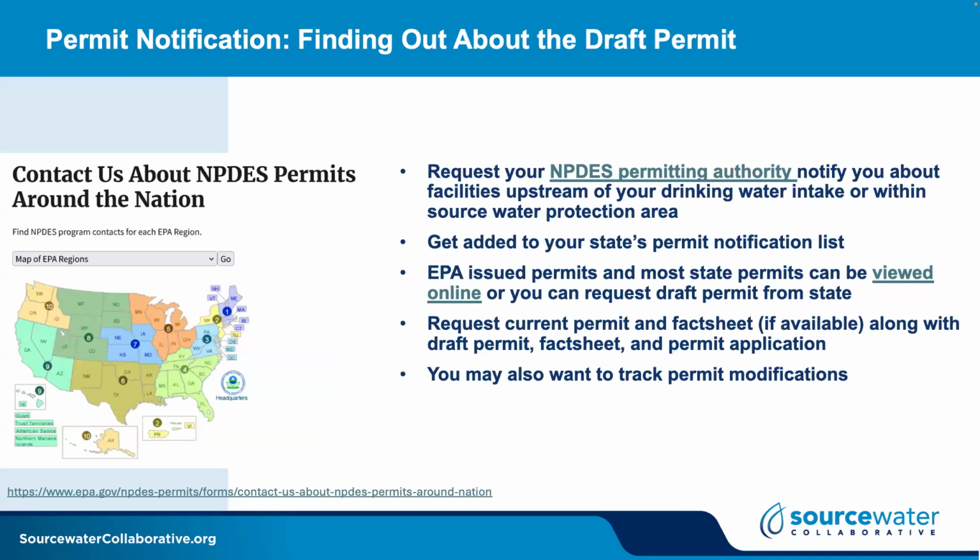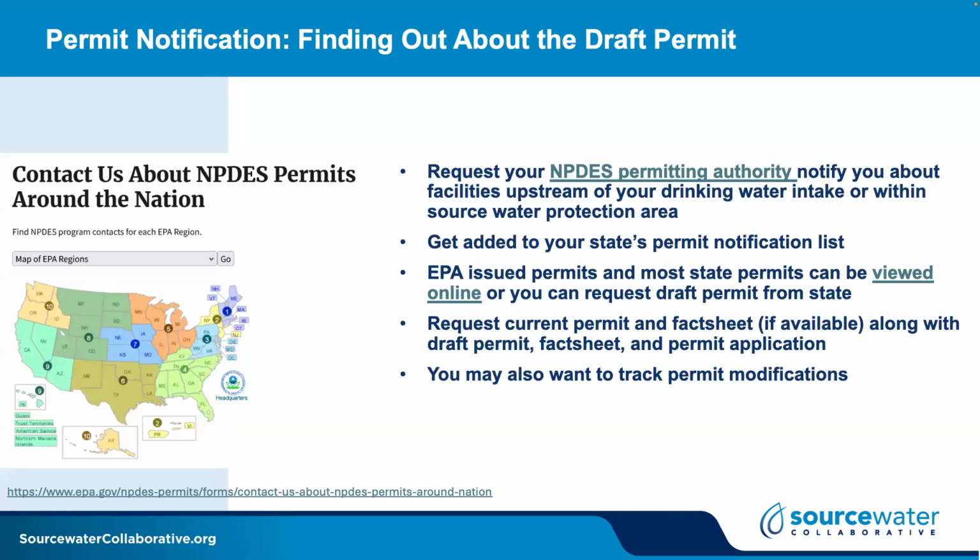So how do you find out about a draft permit? I realized when I was just looking at this a while ago, I neglected to put another important bullet here, which would be: develop and maintain a relationship with your state permit writer.